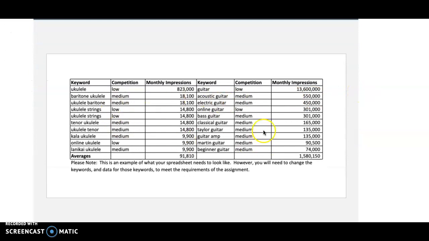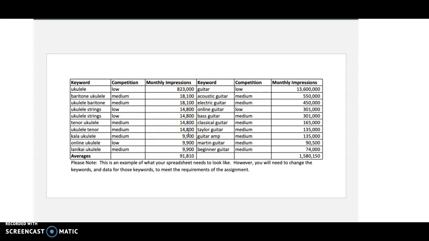This is the information you're going to pull from Google Ads. You're not going to use ukuleles and guitars. You're using chess and snowboards for yours. But you will come up with keywords, 10 keywords for snowboard, 10 keywords for chess, and then you'll look up the competition level and the number of monthly impressions.